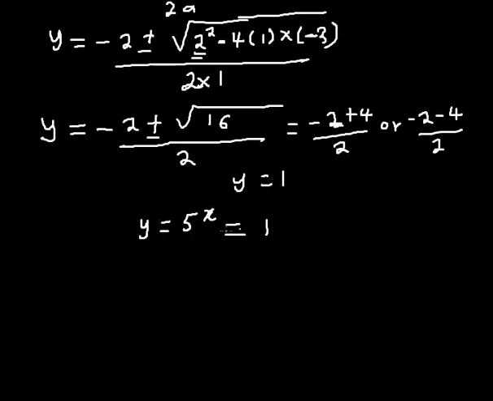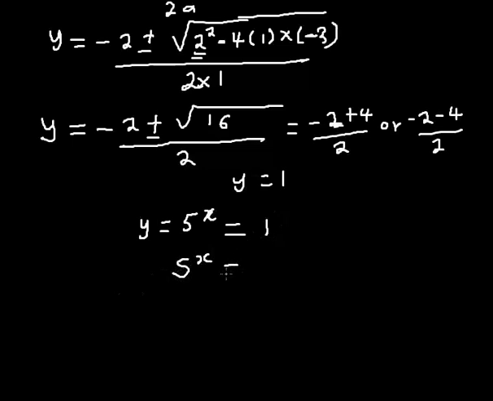Now the question is, how do I actually get my x? That means I have to change this one to an index form, right? In indices or exponents, any number that's raised to the power of 0 is always 1.